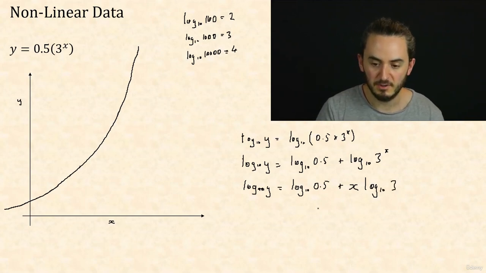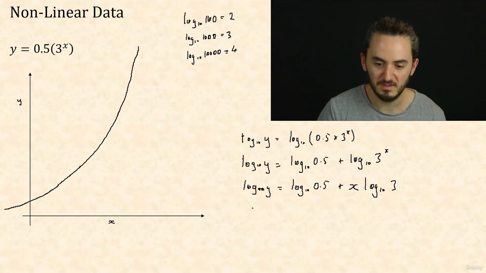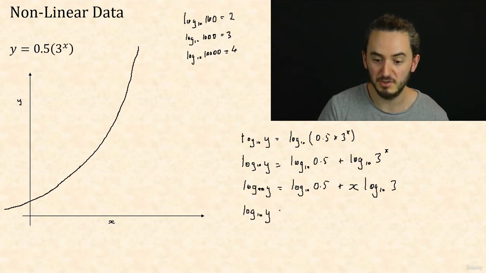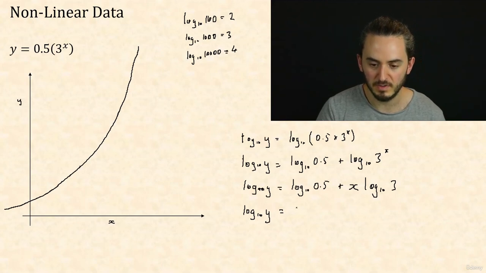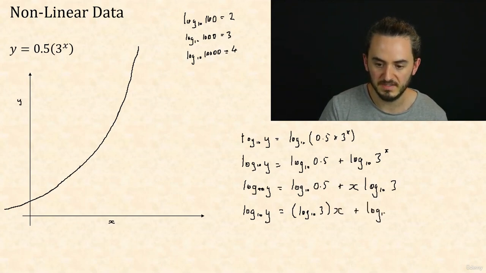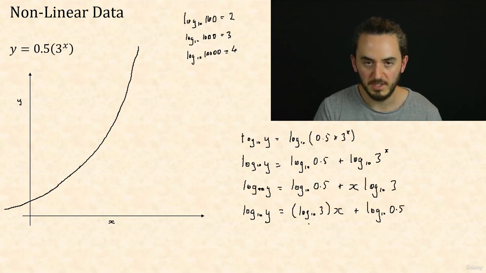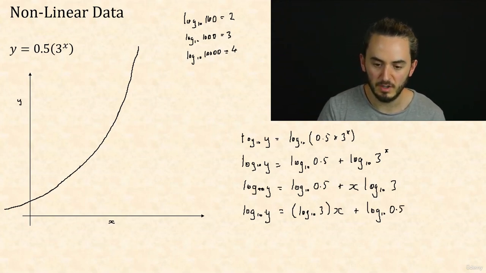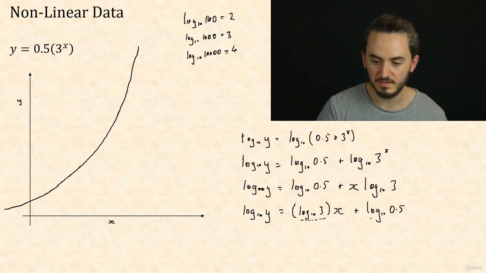Okay, you might think this looks like a little bit of a mess, but I'm just going to reorder it a tiny bit and then explain why it's not a mess. Okay, I'm just going to reorder this and have log base 10 of 3 times x plus log base 10 of 0.5. Okay, what have we got? We've got log base 10 of y is a number times x plus a number.